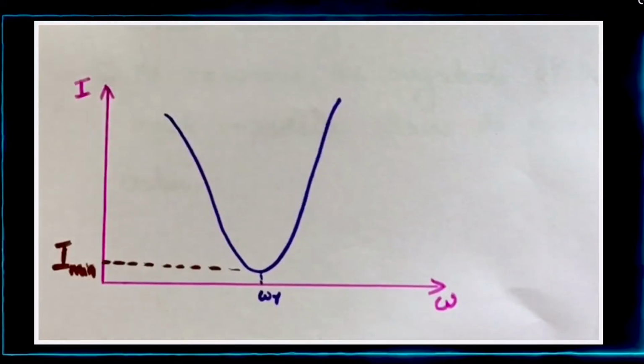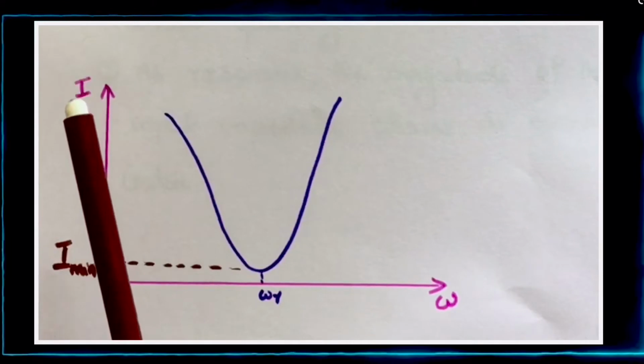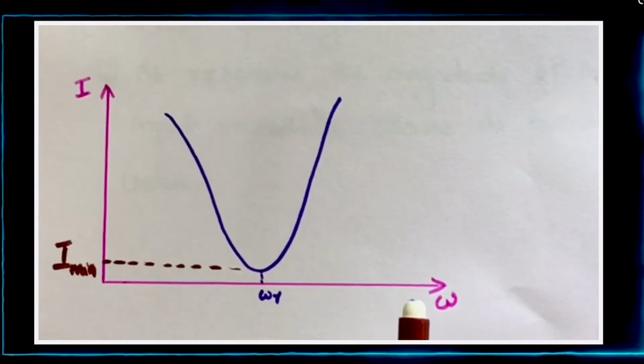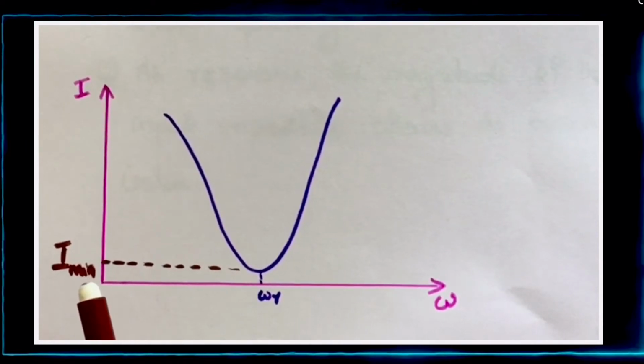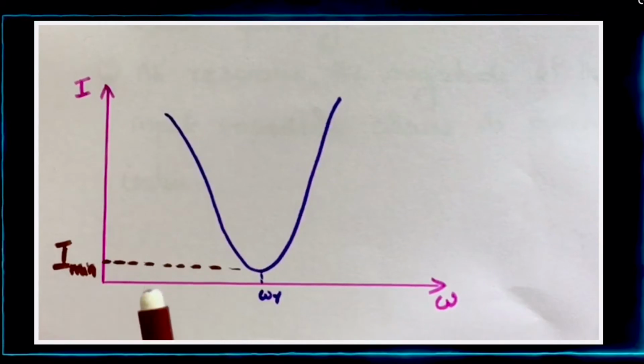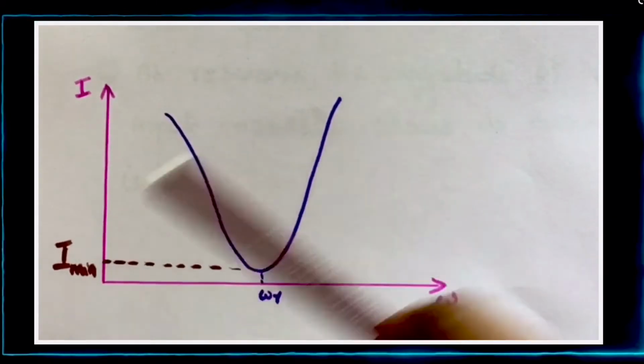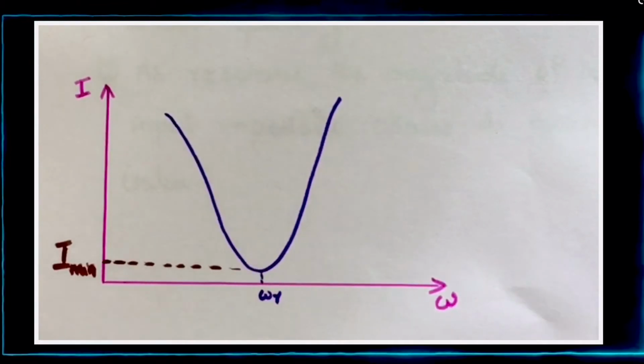So this is the current versus frequency characteristics of a parallel RLC circuit. You can see at resonant frequency omega R, current becomes minimum, or we can say that the impedance of the circuit becomes maximum at resonant frequency omega R. From the shape of this curve, it is clear that it acts like a band stop filter.